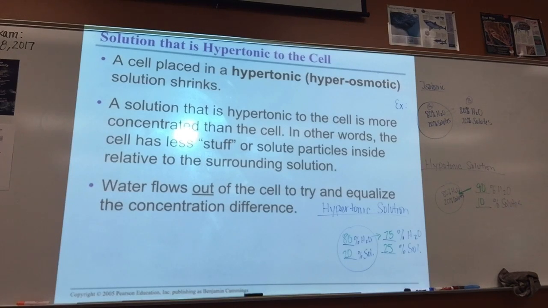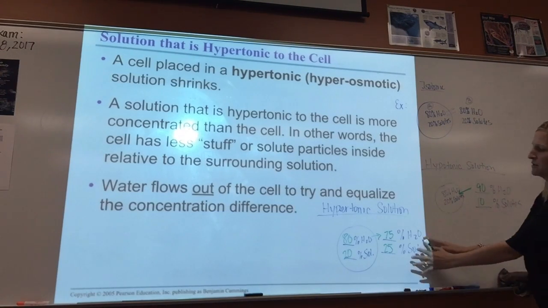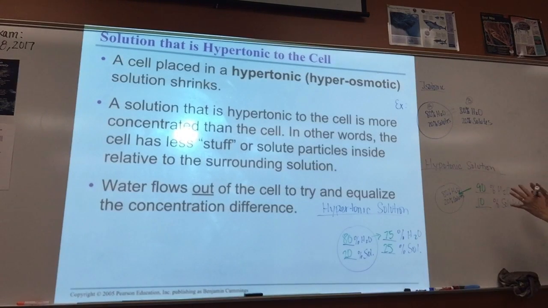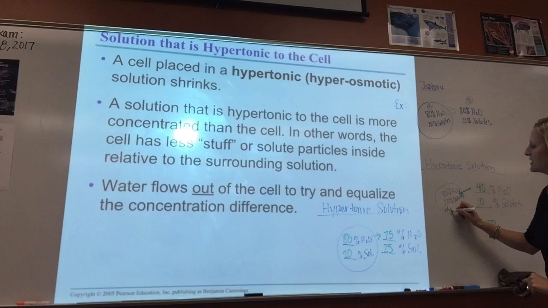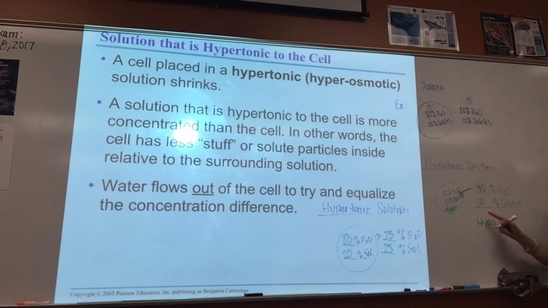So you have to compare the two solutions to tell if it is hypertonic or not, in this case the outside solution to the inside solution. Outside here, we said that the outside is hypotonic. It has less solutes in it. So if we were to look at the inside solution compared to the outside solution, we would say the inside solution is hypertonic compared to the outside solution, okay?